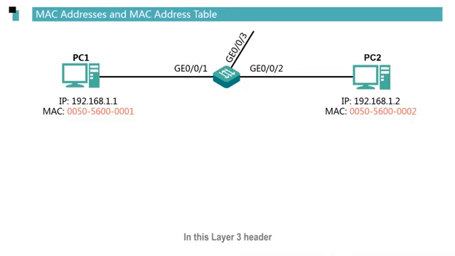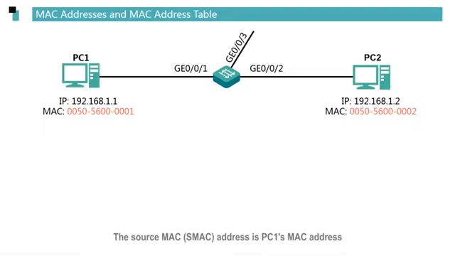In this Layer 3 header, the source address is 192.168.1.1 and the destination IP address is 192.168.1.2.